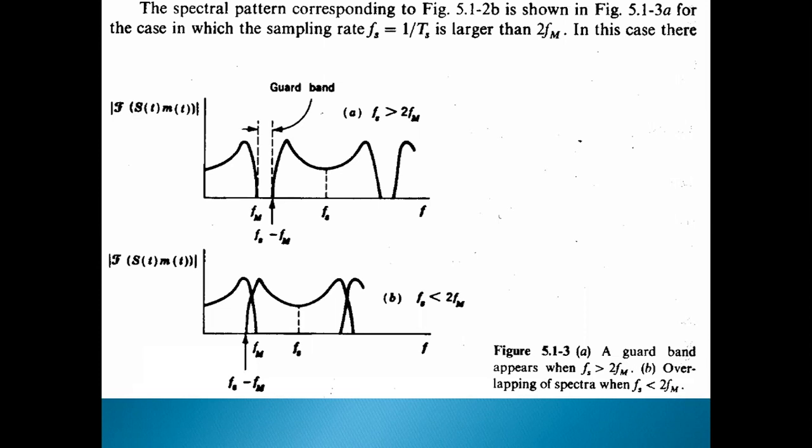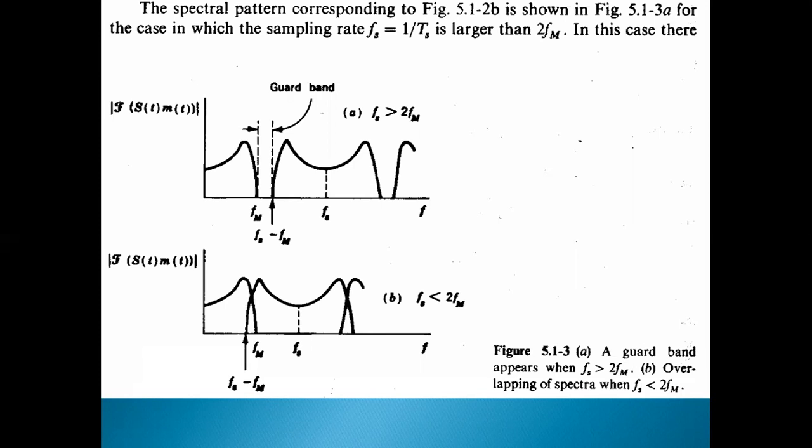That's why the name itself says guard band. With this, we are able to get the message signal from the samples accurately. There is no loss of the signal, so we can accurately get the message signal from the samples at the receiving side.